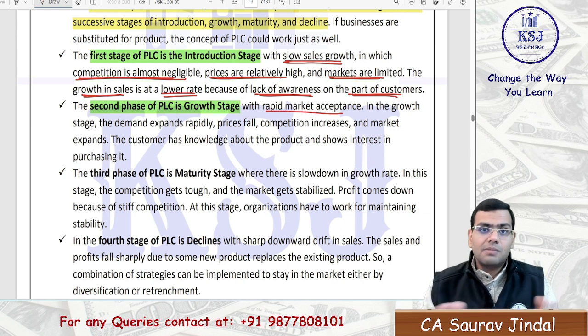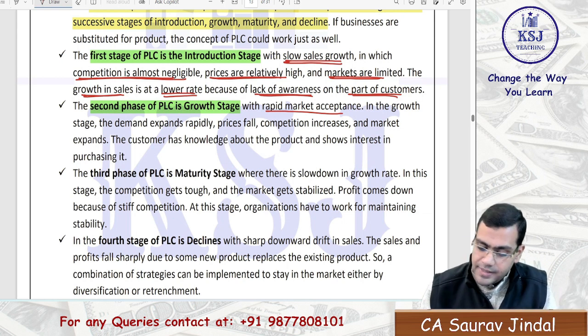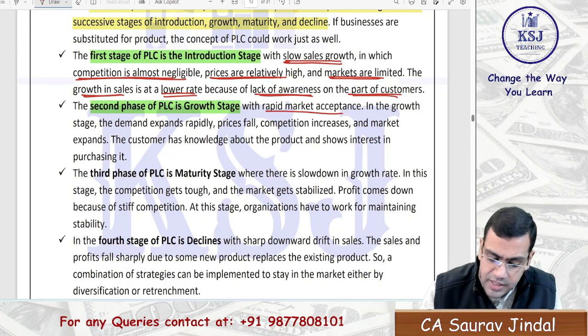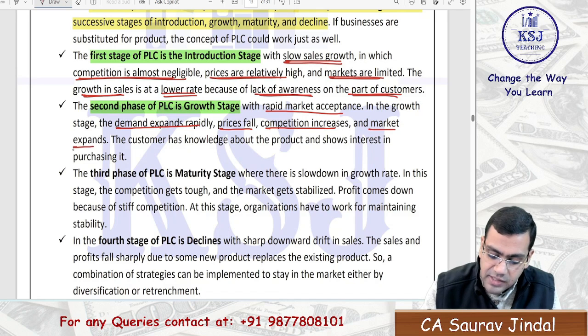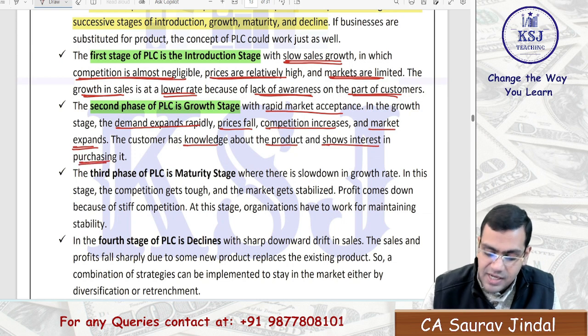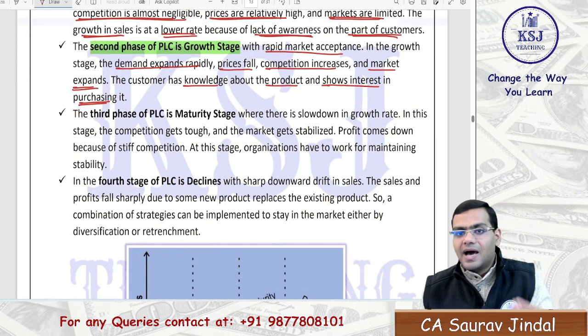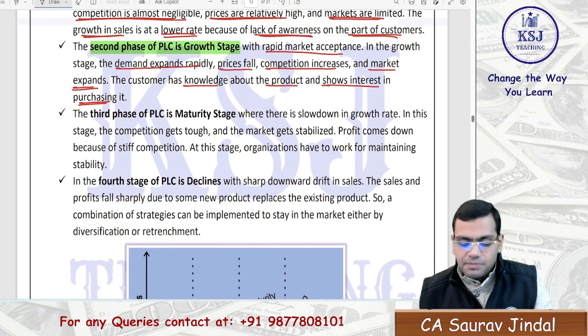So this is how the market is going to grow, right? In the growth stage, the demand expands rapidly, prices fall because there is a huge demand now, the competition increases and the market expands. Right? The customer has the knowledge about the product and shows interest in purchasing it. More and more people are getting aware of that particular product.